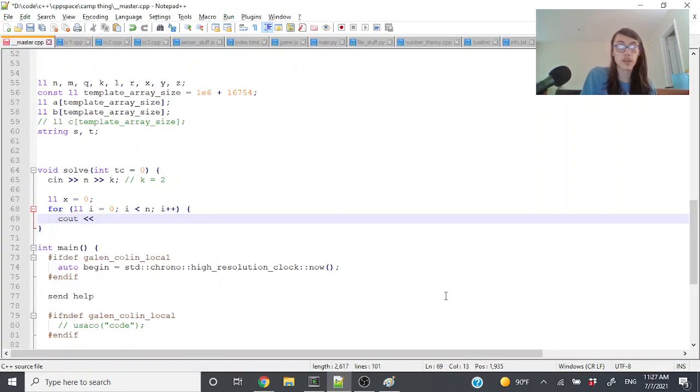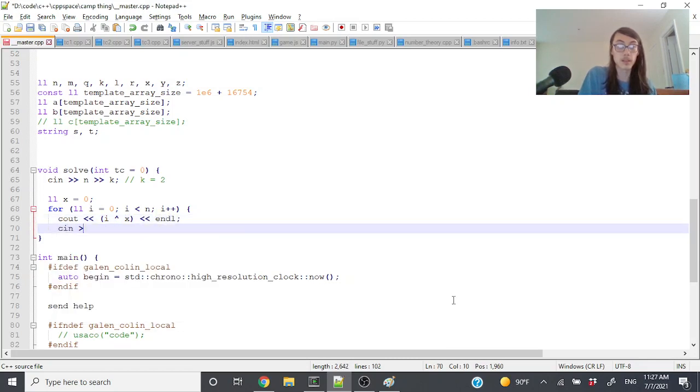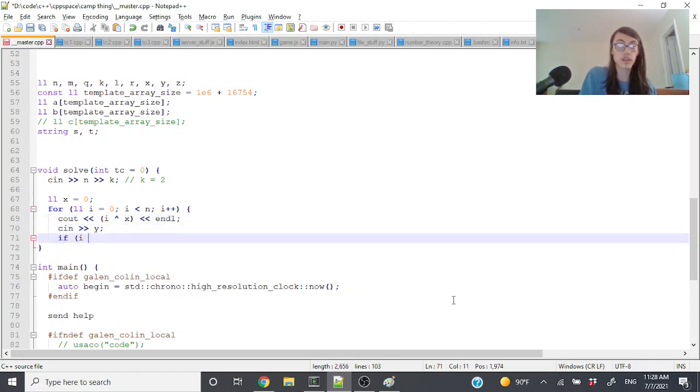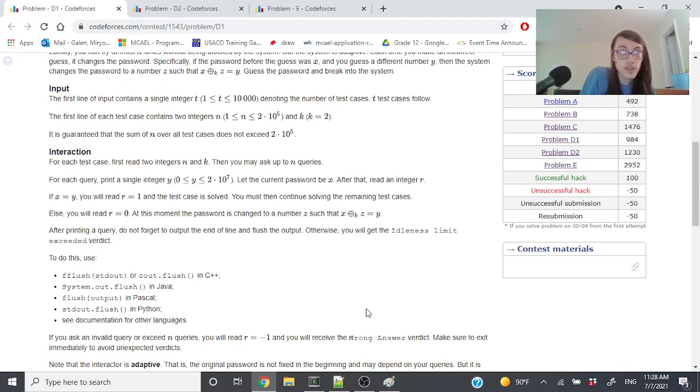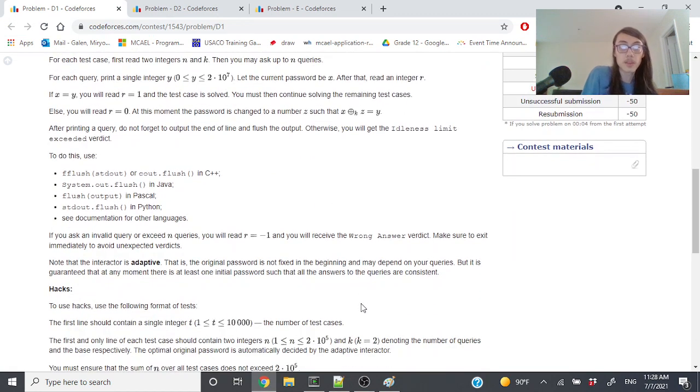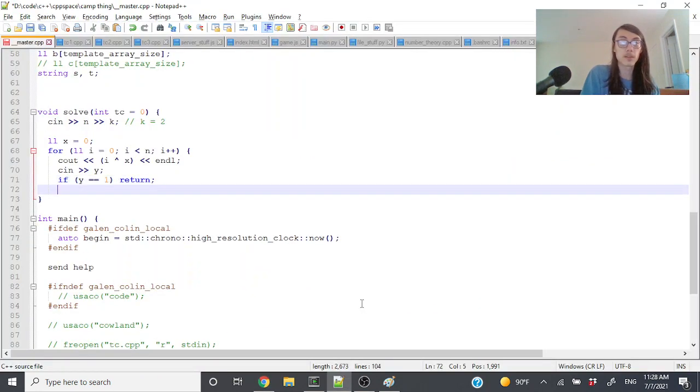Cout i XOR x and endl. Cin y. Are there multitests? There are multitests. So if y is equal to 1, return.